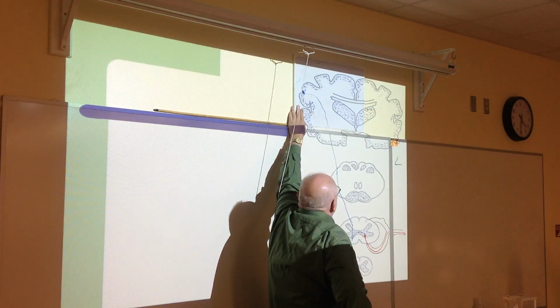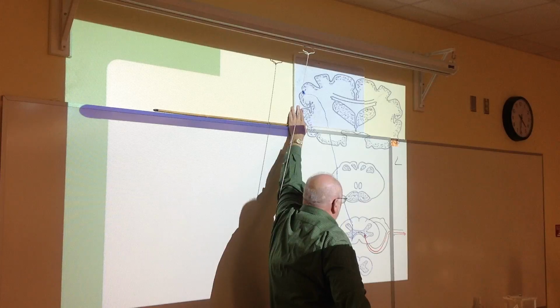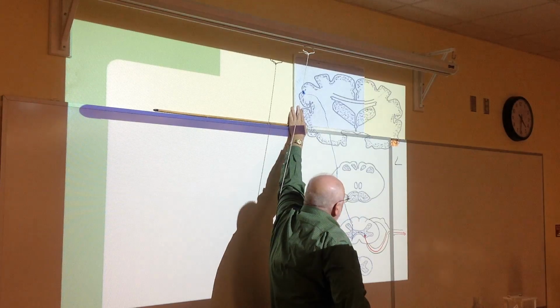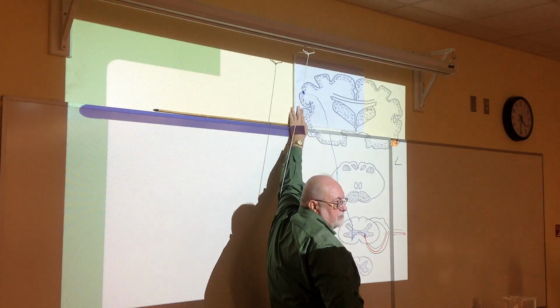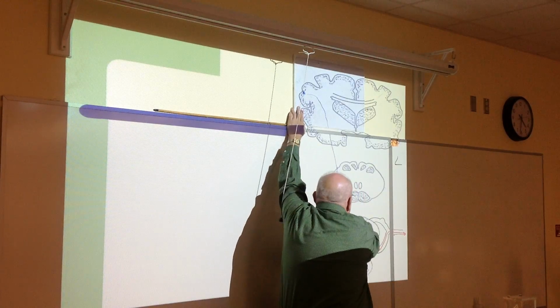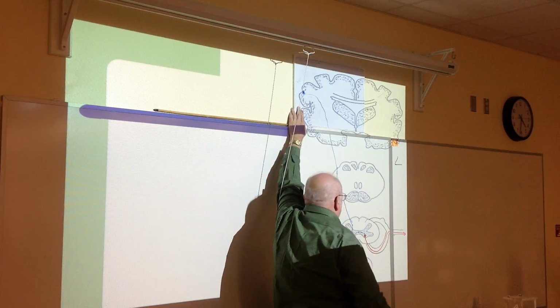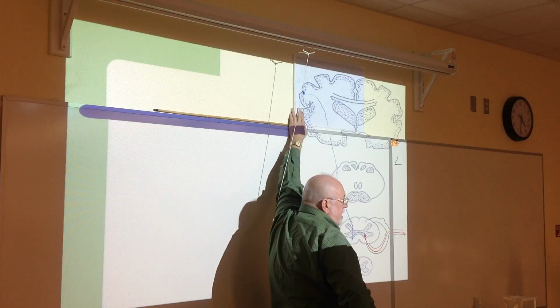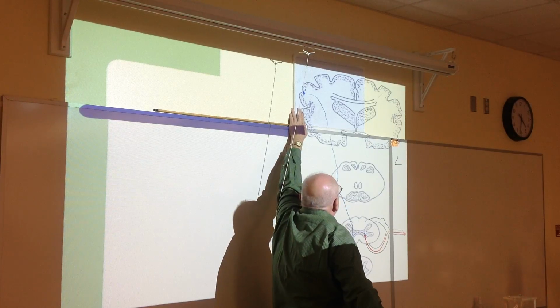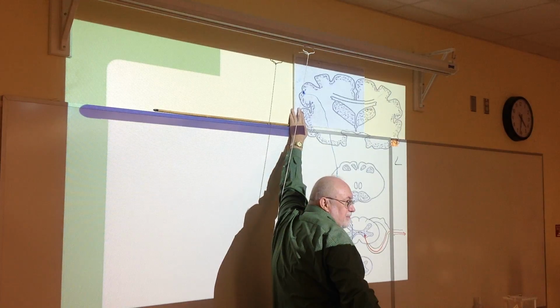Alright, so there we are. Corticospinal. It crosses in the cord. It is an anterior corticospinal, so it travels in these anterior columns of the spinal cord. It crosses in the cord. We only need 2 neurons to do it. And there it is.